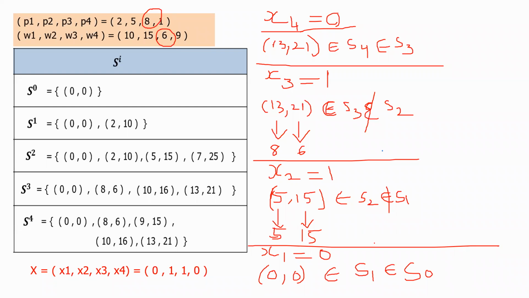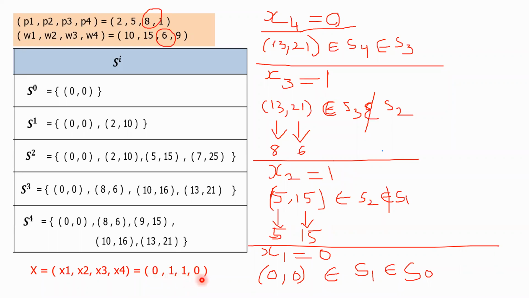So from these sets, I have tried to extract the information on each object, whether I'll include it into the bag or not. So you can see that now the solution vector is 0, 1, 1, 0. This is the solution that I finally got.